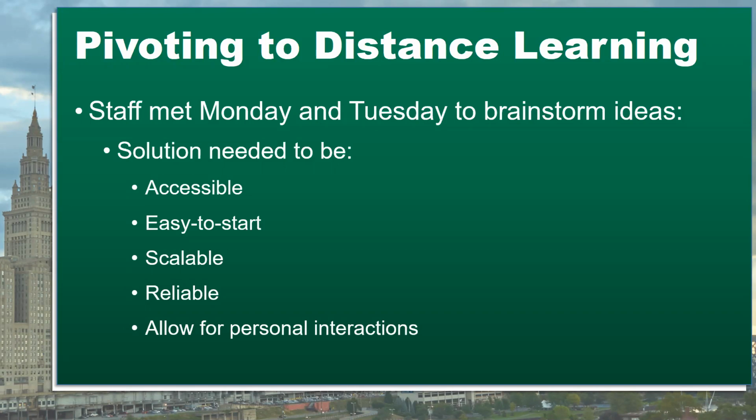It was also going to be something that did not take a lot of complicated steps to get started. It was going to have to be something that we could expand rapidly, so scalable. It was going to have to be reliable. Unfortunately, our students tend to not have a great amount of patience for things that don't work out well pretty quickly, and so we wanted something consistent so that X factor wasn't there.